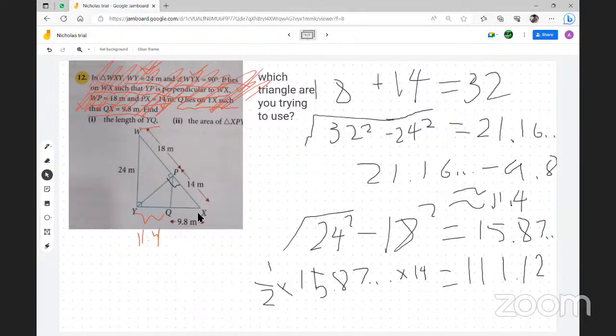No, that's not 12 part 1. 12 part 1 is 11.4, right? Yeah, good. Any questions so far? No.